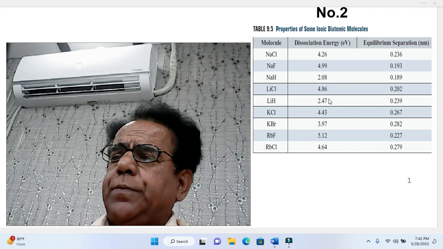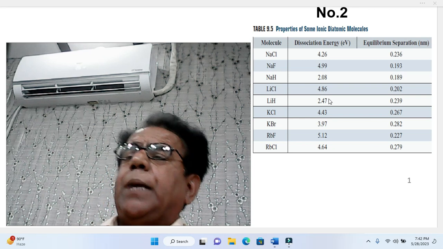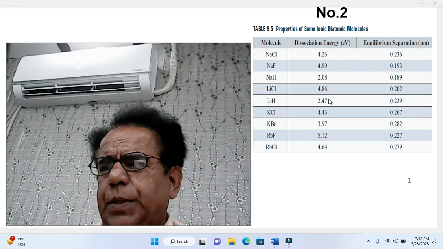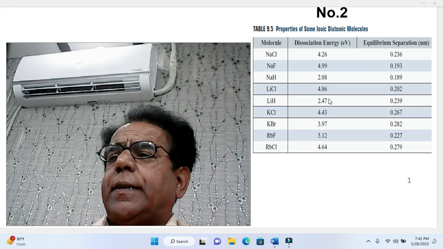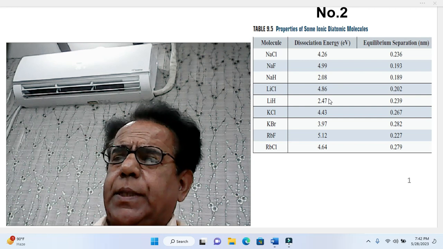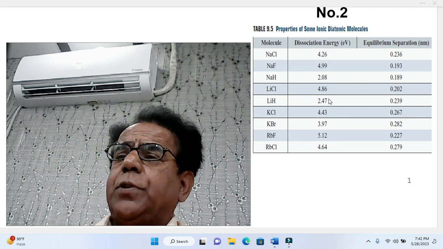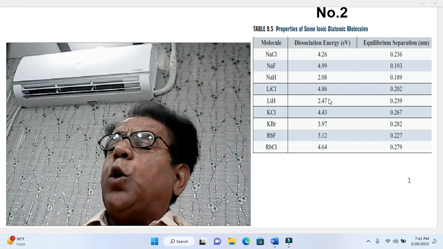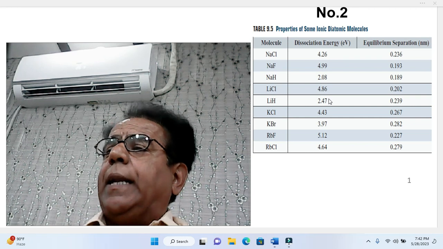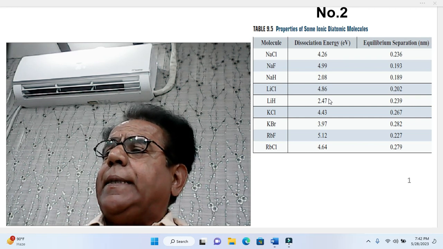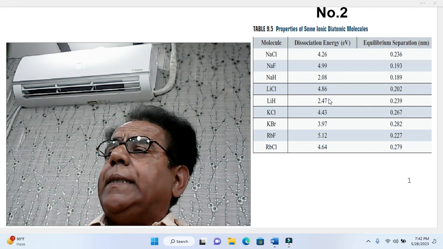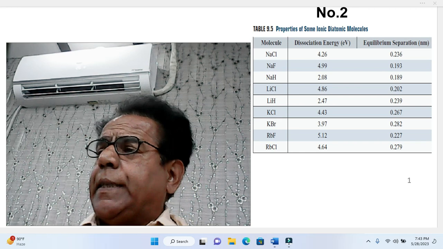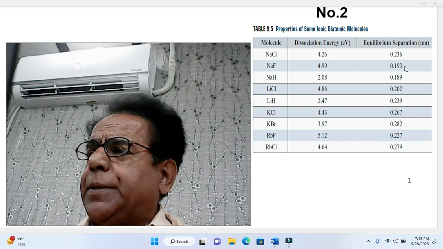This table contains 9 rows, and the second row is our concerned information. NaF, sodium fluoride, its dissociation energy is 4.99 electron volt, while its equilibrium separation is 0.193 nanometer. Dear students, this value is given in the statement, 0.193.